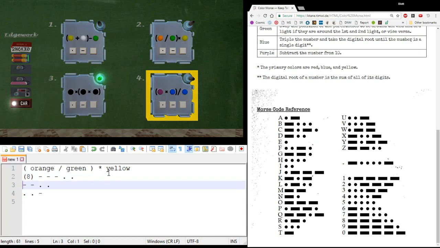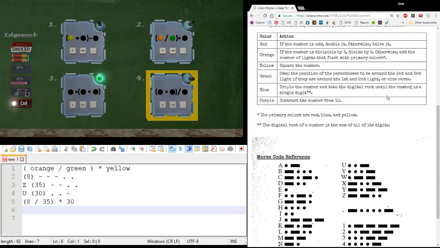Dash dash dot dot is Z, which is 26 plus 9 gives us 35. And dot dot dash is U, uniform, which is 21 plus 9 gives us 30. So we have 8 divide 35 times 30.